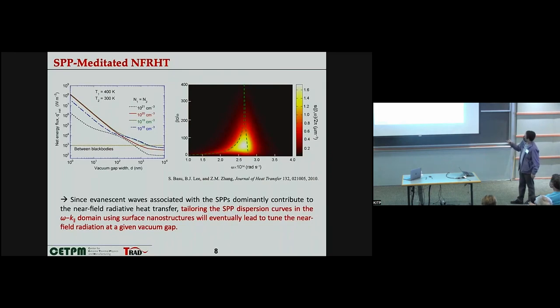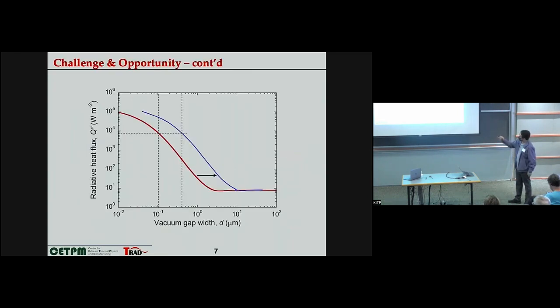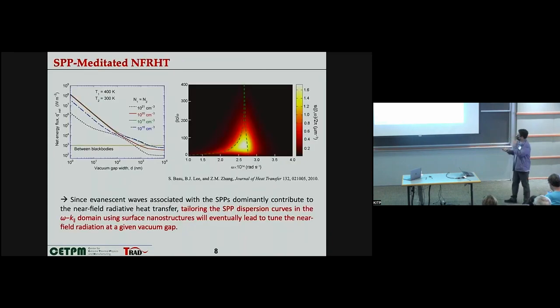So this is a very simple example of near field heat transfer rate between two doped silicon plates, and by changing the doping concentrations, we can change the near field heat transfer rate curves. That means that by changing the doping concentrations, we can change the resonance condition of the surface plasmon. And by changing the surface plasmon dispersion curves, there are means to control the near field radiation in a way that we can gain the gap distances, okay, to achieve the same level of heat transfer. So that was our intention.